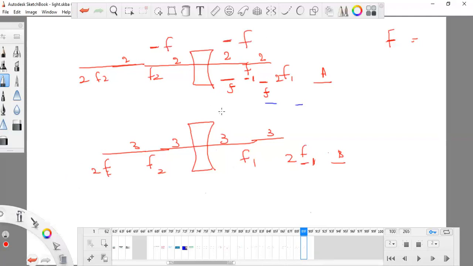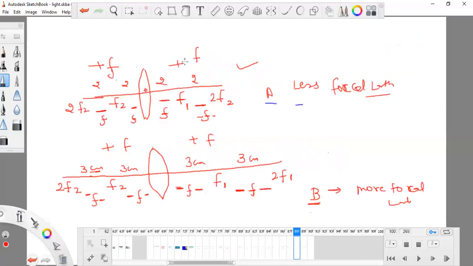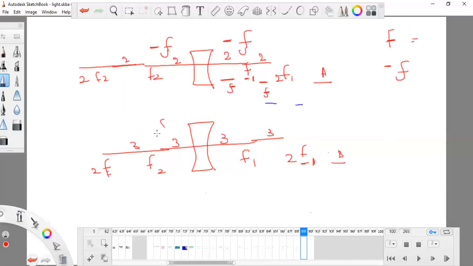Whenever you write a focal length, denoted with small f, it is minus f. Just correct me if I write this wrong: this is the principal focus and this is the focal length. So this is f and this is f, and it should be considered negative in both cases because they are less fatty persons.